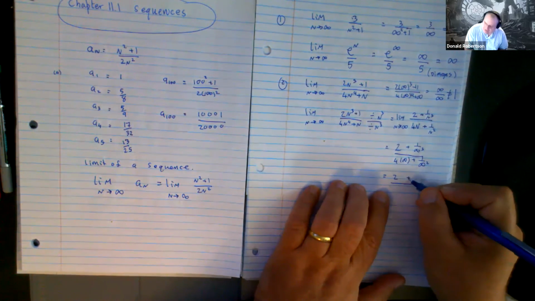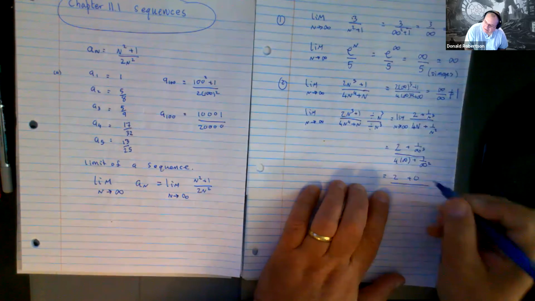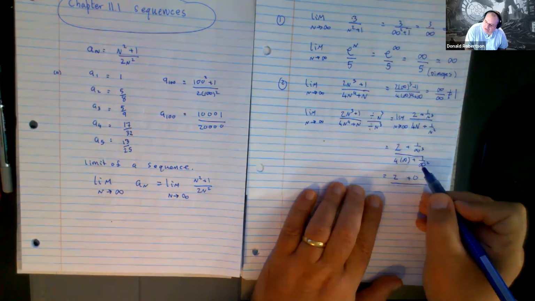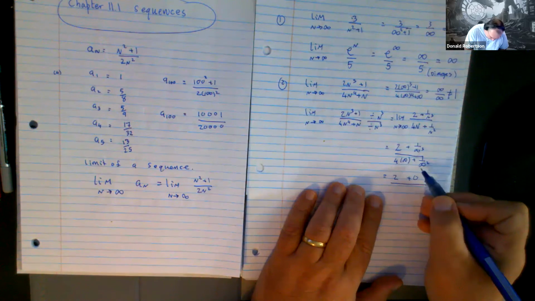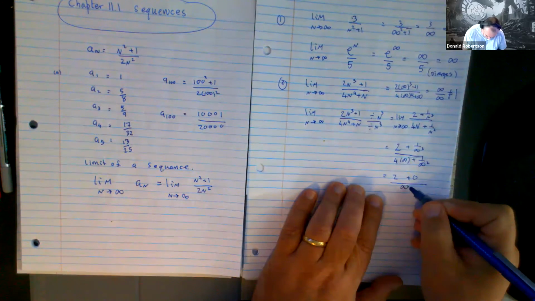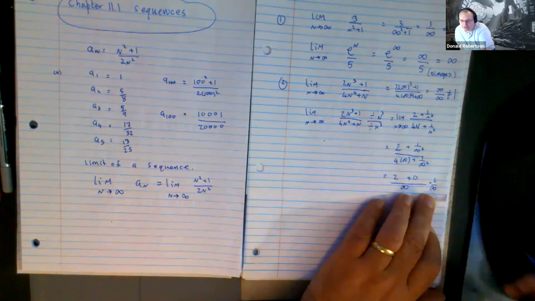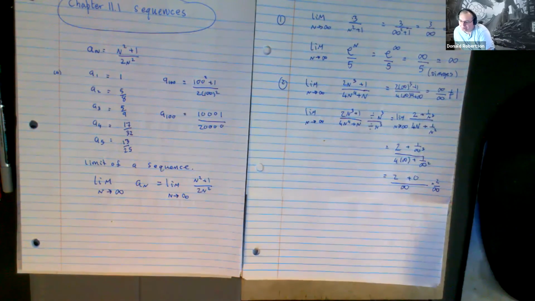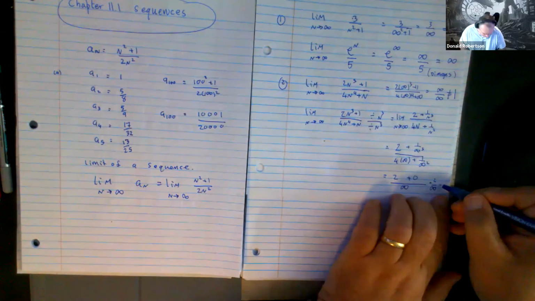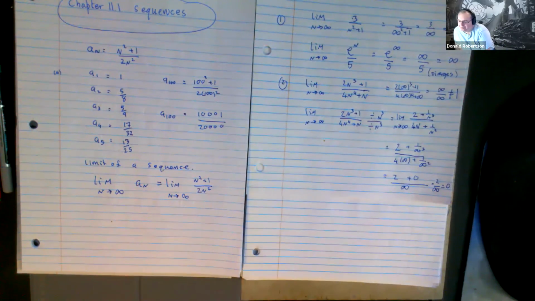Isn't 4 infinity still infinite? And if you add 1 over infinity squared, you're just adding 0 to it. So you're not going to make much. So that means we have 2 over infinity. What does 2 over infinity get you? Correct, a big fat 0. And so we know the limit. In this case, 0.